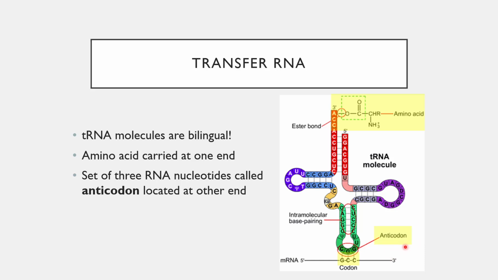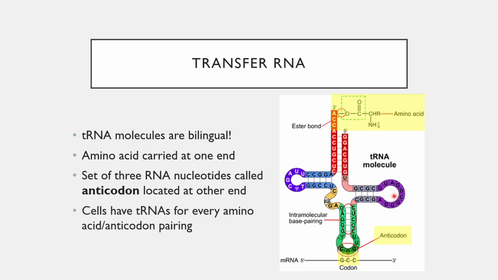Now this whole piece that composes the transfer RNA is one long strand of RNA that has double bonded to itself at 3 or 4 different points along the strand. What's really important is that these 3 particular letters are what the transfer RNA uses to read and decode the letters that are found in the messenger RNA. So in this particular transfer RNA, we can see that the anticodon here reads CGG.